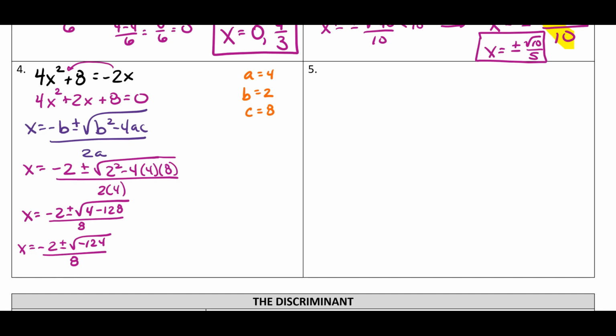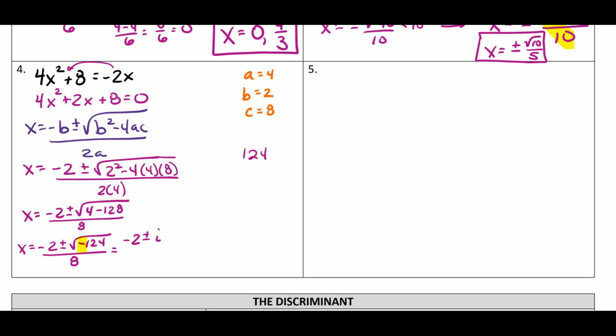Now there's a couple of things we got to work with here. One, we have a negative underneath this radical. Once upon a time we would have said no real solution and been done. But now we have complex numbers. So what that means is we can simplify this down a little more. So I have negative 2 plus or minus. So remember the i comes out for the negative. The square root of a negative 1 is i. And then we need to take care of 124.